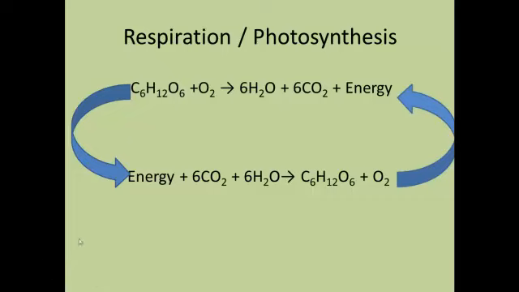Ultimately, first you've got light coming in, which is the energy that is used by plants or bacteria or algae when they take carbon dioxide out of the atmosphere, and water, if it's a plant, comes up from the soil through the roots. All three of these things are used to generate sugar, for which the plant can grow and also store energy that it can burn later, and its waste product is oxygen.